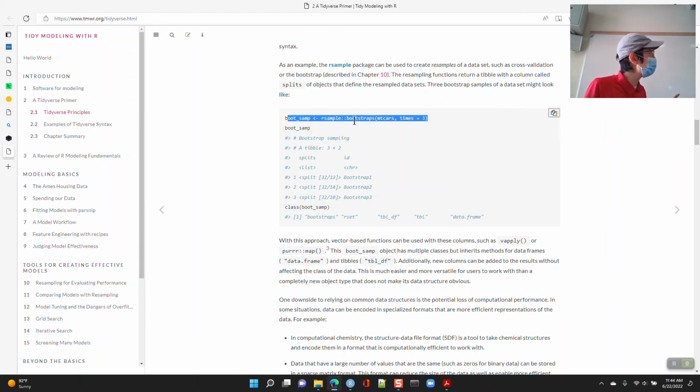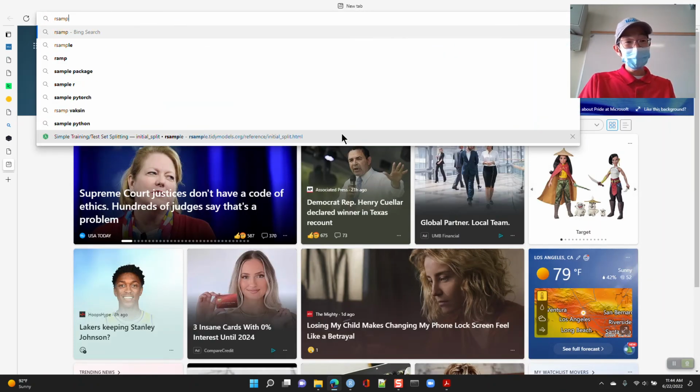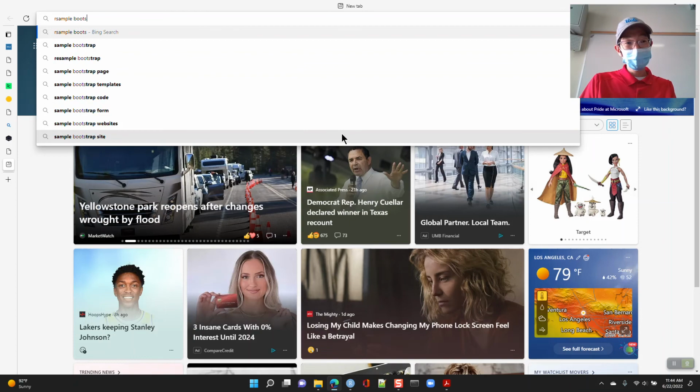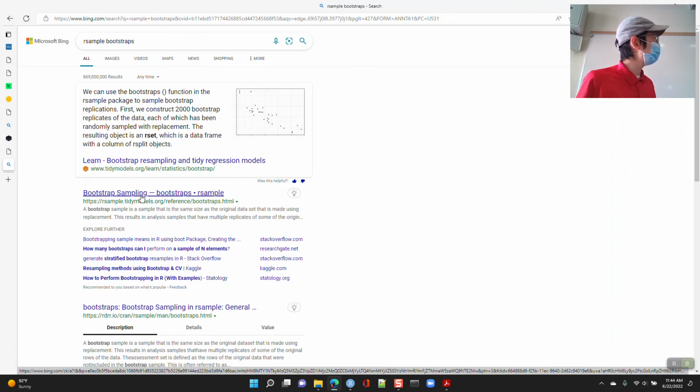It might be some command that you've never seen before, right? Like rsample bootstraps, you've probably never seen that command before. Right now we're not introducing it, but at least take the time to look up the documentation for any function that you've never seen before.